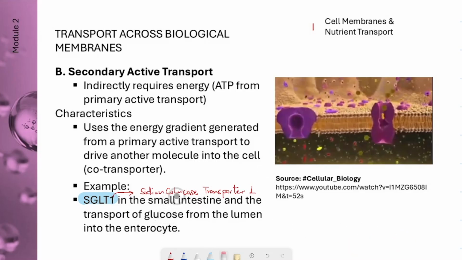Okay, so how does the SGLT1 transporter work in the process of secondary active transport? So two things that you can see here, continuing from the previous slide, you have your sodium potassium ATPase, which is a membrane enzyme, and here you have your SGLT1.